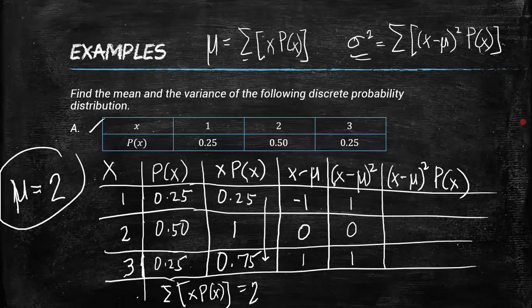Now, ipag-multiply natin dito sa ating x minus mu squared. Okay, so dito muna, 1 times 0.25, that is 0.25. Okay, what is next?